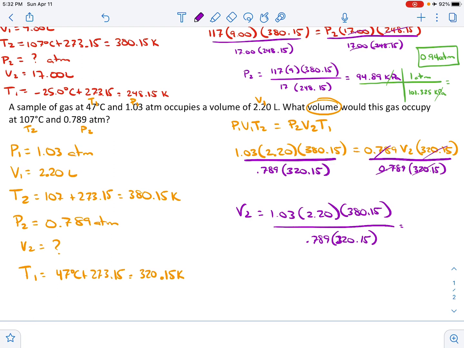Yeah, I did that. So we're going to divide that by 0.789 divided by 320.15 and our answer should be V2, 3.41 liters. Does that make sense in the whole scheme of things? Yeah, it does. All right. I'll see you next time.